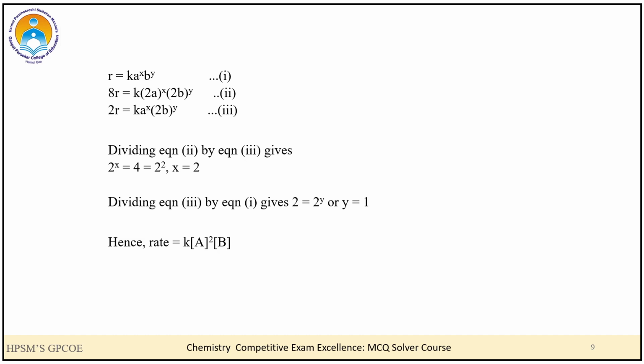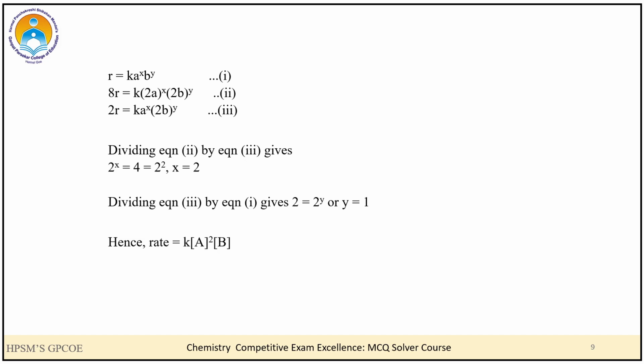That is the reason 2A raised to X and 2B raised to Y is written. For the second case, the rate is doubled by only doubling the concentration of reactant B, and hence the equation becomes 2R is equal to K A raised to X times 2B raised to Y.